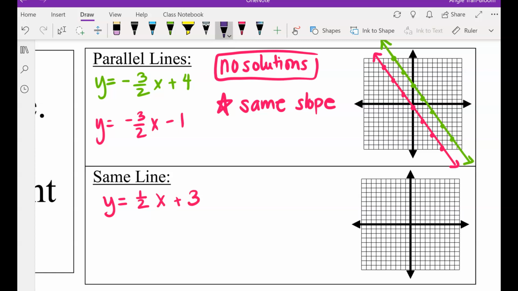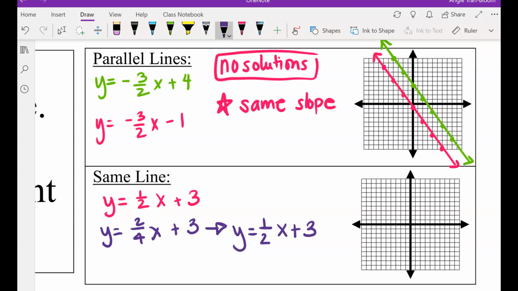And then line 2, y equals 2/4 x plus 3. Are the slopes the same? Yeah, how do you know? Yes, guys, even though in our equation it's written as 2/4, we need to always reduce our fractions. So when we actually do reduce that, these two are the same line.